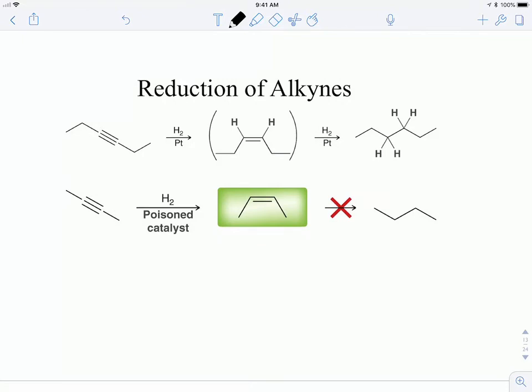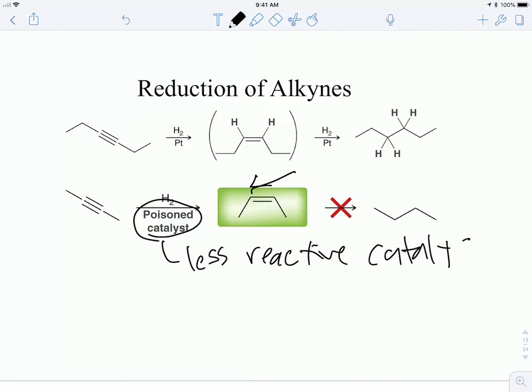Okay, but let's say we wanted this guy. Let's say we wanted to stop at the alkene. What we would do is add a poison or create a less reactive catalyst. Because what happens to be the case is that the carbon-carbon pi bond in the alkyne is the weakest. So that's the most reactive. So if we poison the catalyst, it's reactive enough to stop at the alkene and will not undergo further reaction.